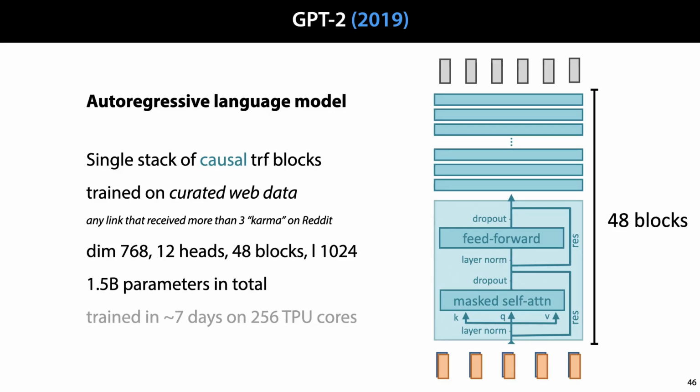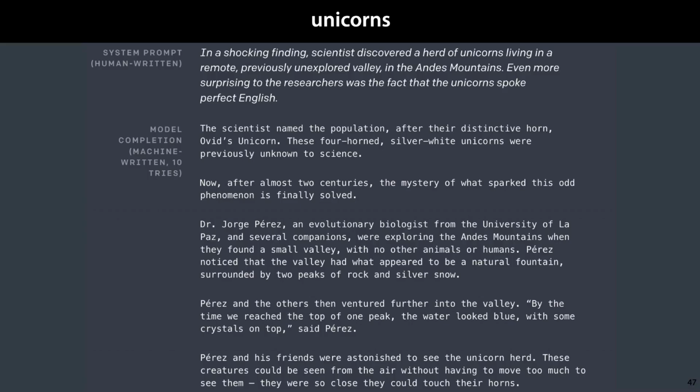They collected only links that received a certain number of upvotes on the social media platform Reddit. Note that this doesn't mean that the model was trained on Reddit data. It was trained on generic articles published on the web, but the articles were filtered by how many upvotes they received.